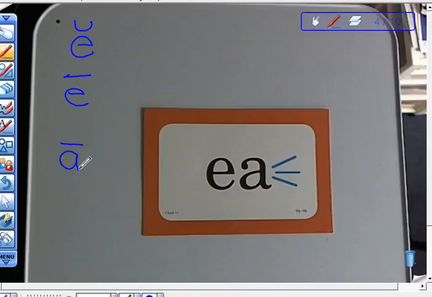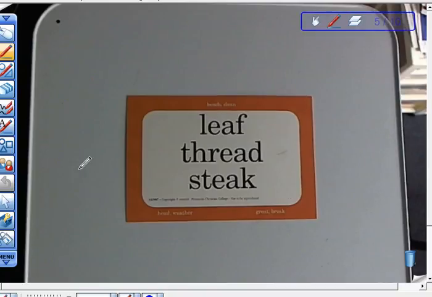So when we're looking at those, we need to be careful. If the word does not make sense using a short E, then try a long E or an A and see if that helps you out. The more words you learn, the more your brain will recognize and not have to think of that.